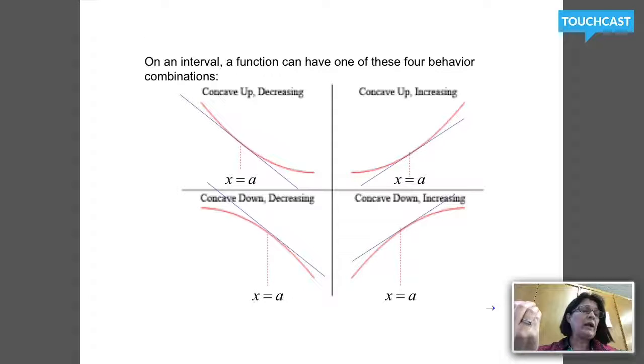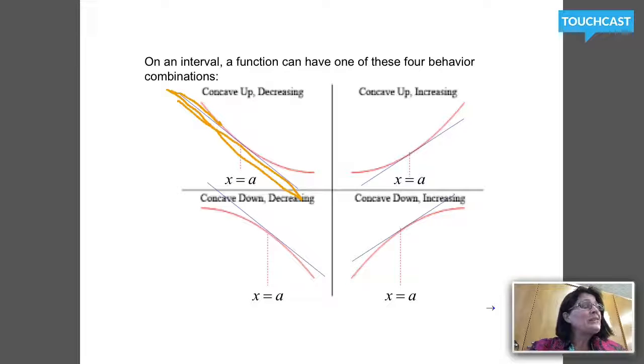And the place where the tangent line lies below the curve, so here's an example, right? The tangent line lies below the curve, then if we're going to use the tangent line as an approximation, all of our answers are going to be underestimates. They're all going to be too low.